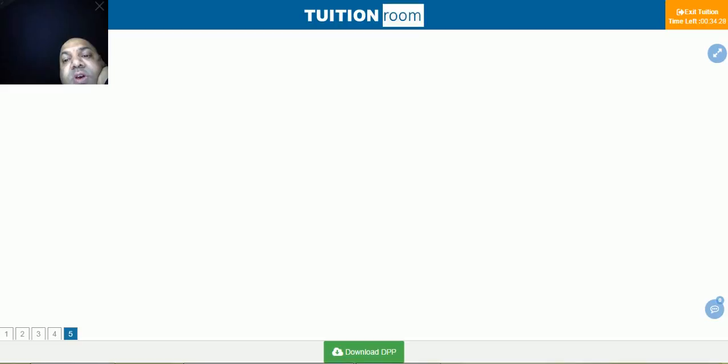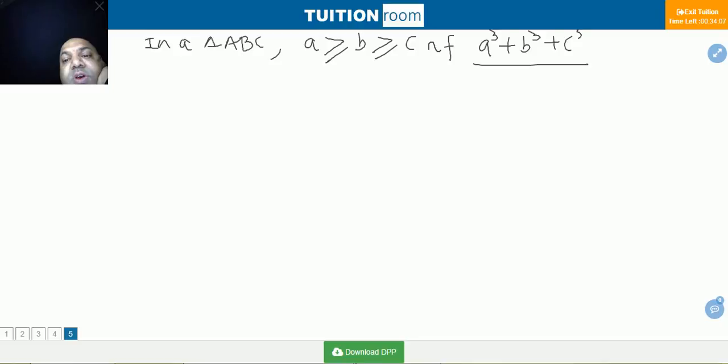In a triangle ABC, A greater than B greater than C, it is given that a cube plus b cube plus c cube upon sine cube A, sine cube B, sine cube C is equal to 8.